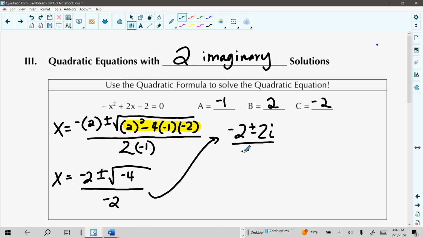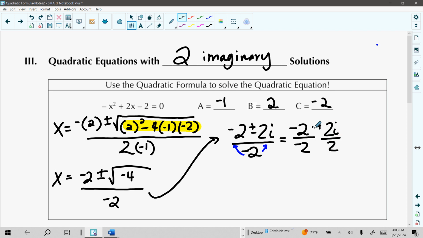Over -2, sorry. So we're simplifying this expression, meaning I'm dividing this -2 into each term. So what that looks like is -2 over -2 plus the 2i over -2.